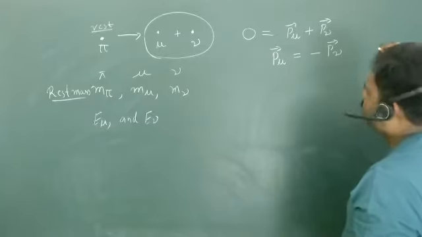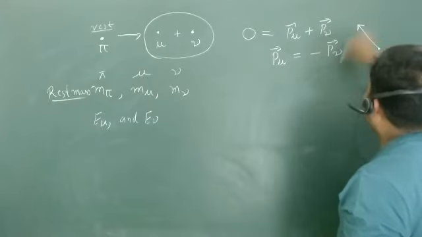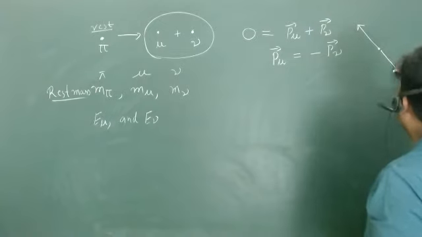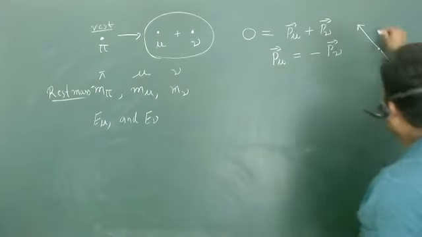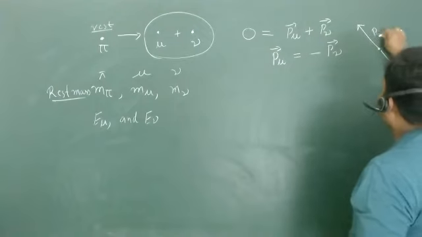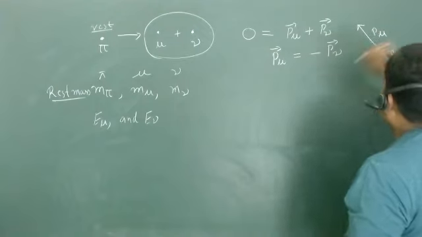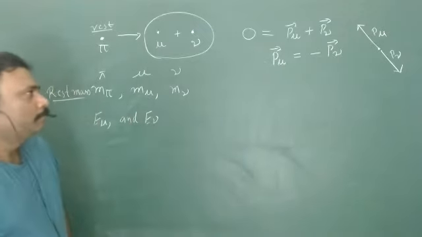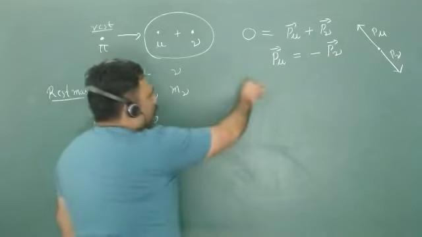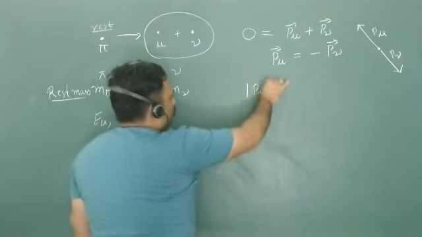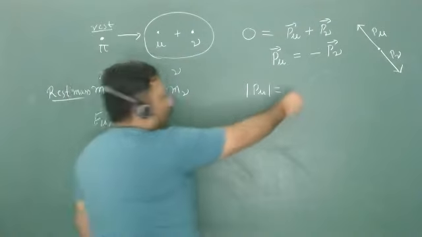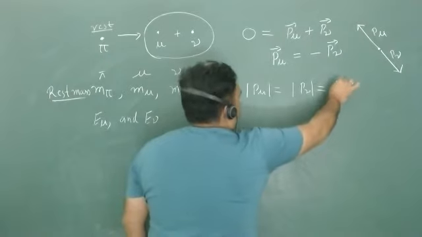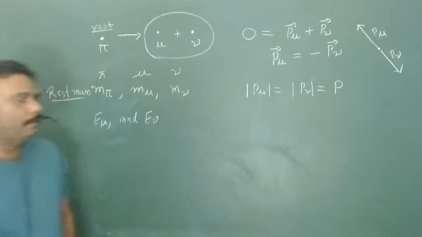After decay, if the muon moves in this direction, then the neutrino has to move in the opposite direction with the same magnitude. Now can I claim that the magnitude of momentum of muon and of neutrino must be equal to some value P?